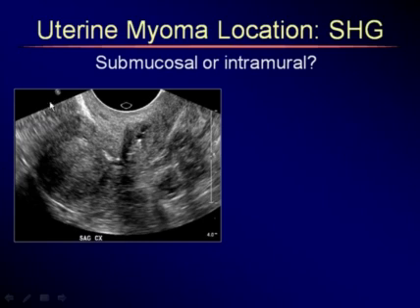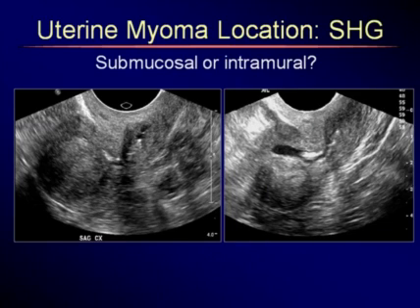Another patient, this is a postmenopausal woman who had had some bleeding, and she has this myoma. She had bigger fibroids during her life, but they were shrinking. And here's the endometrial cavity. So the question is, is this submucosal? How much of it is submucosal? How much of it is really intramural? What can they do about this?